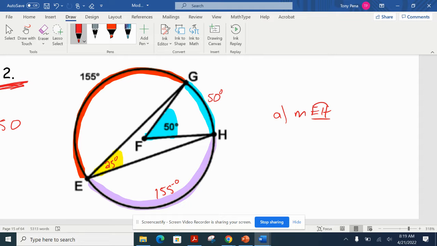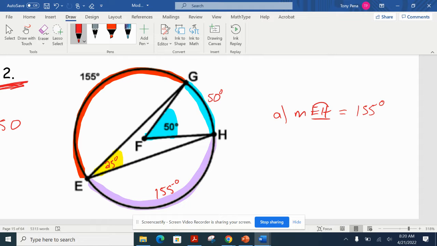It is the smaller arc. So I can get from E to H with the purple arc, or I can get from E to H with the red and the blue. But since there are two letters, we want the shorter arc, the minor arc. So that is our purple arc. You would tell me that the measure of arc EH is that 155-degree angle.